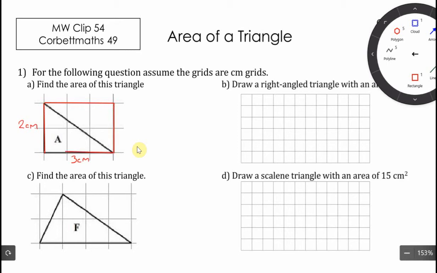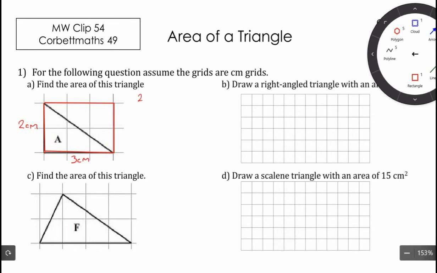Well, the triangle has this line here which cuts the rectangle in half. So if we can work out the area of the rectangle and half it, we will have the area of the triangle. So the area of the rectangle is just the base times the height, which is 6.